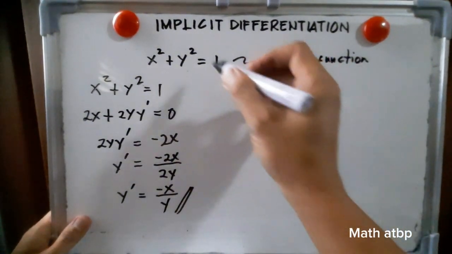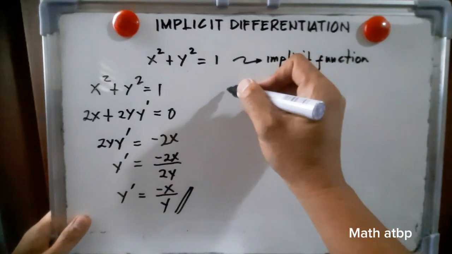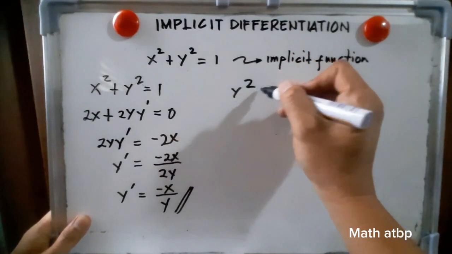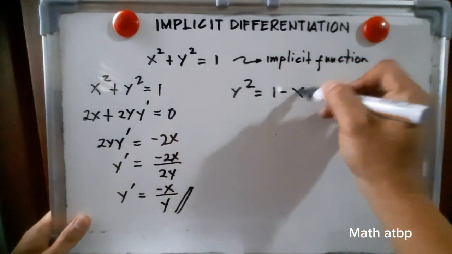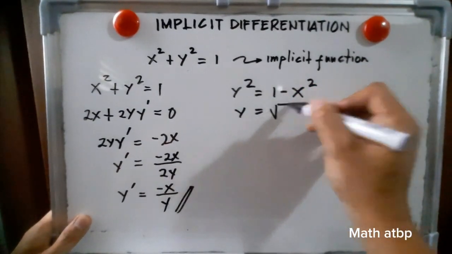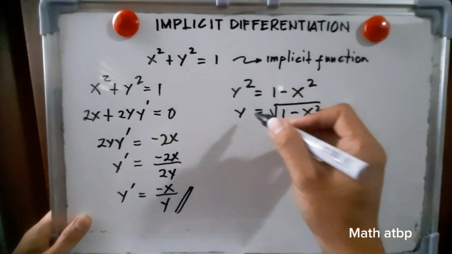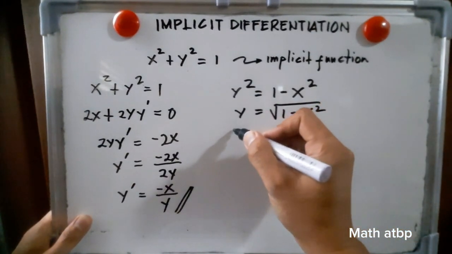Okay, now let us define y in terms of x in this implicit function. Y squared is equal to 1 minus x squared, isn't it? Therefore, we have y is equal to the square root of 1 minus x squared. Now, using the power formula, let us differentiate this.